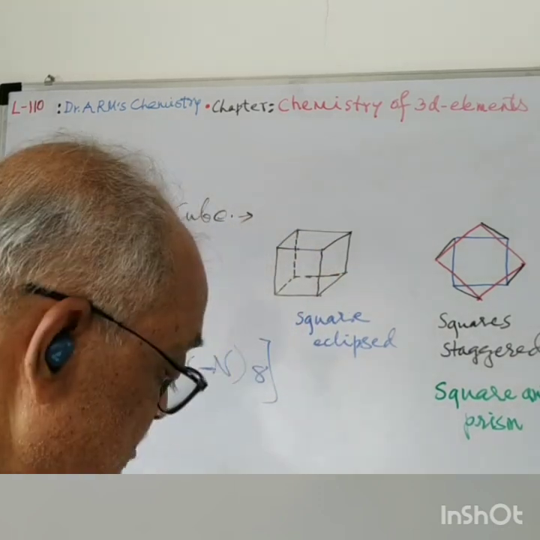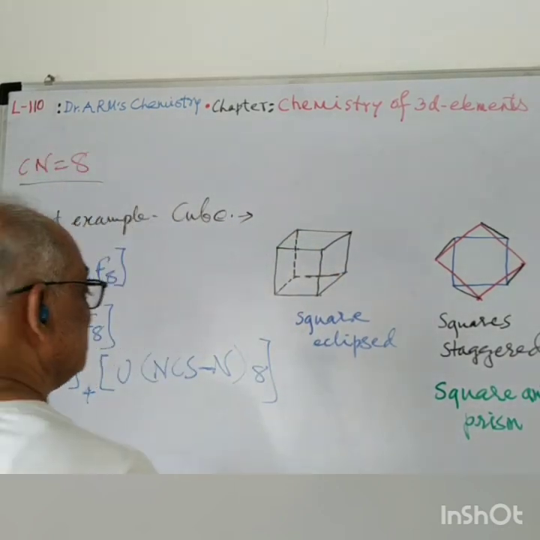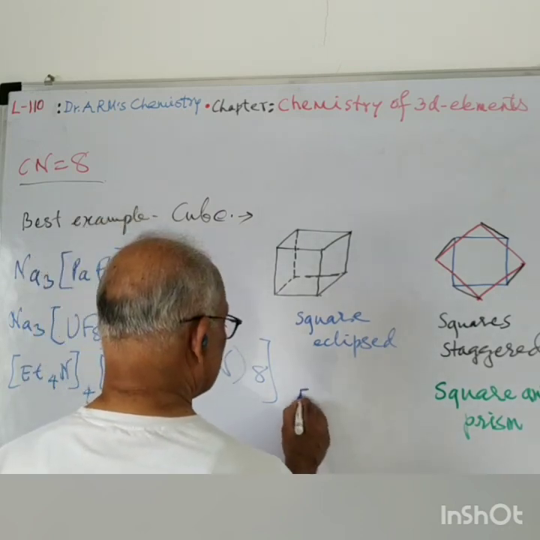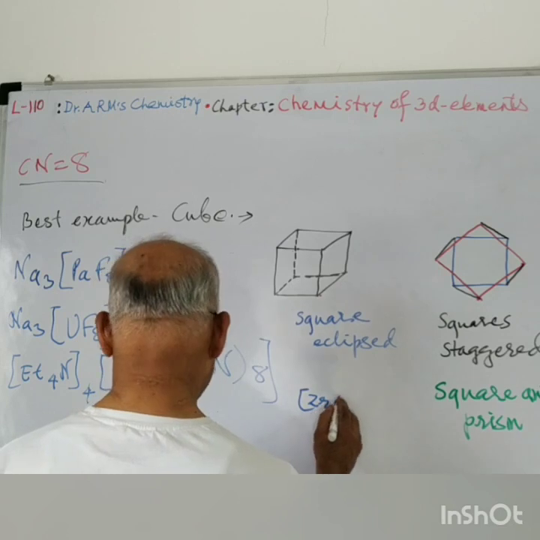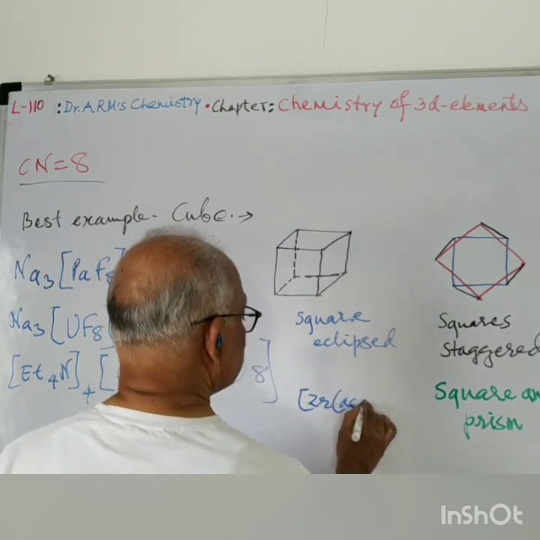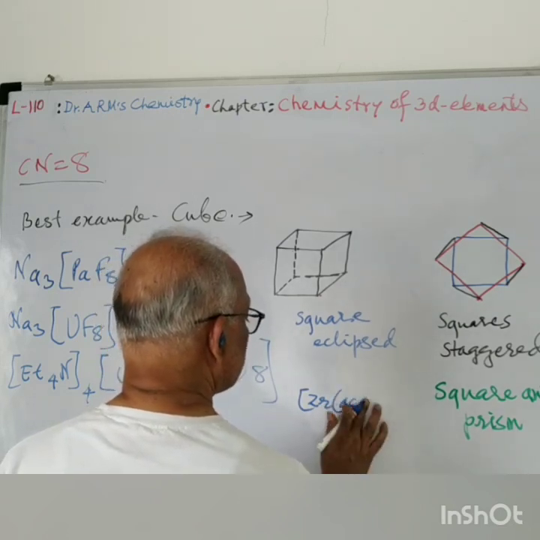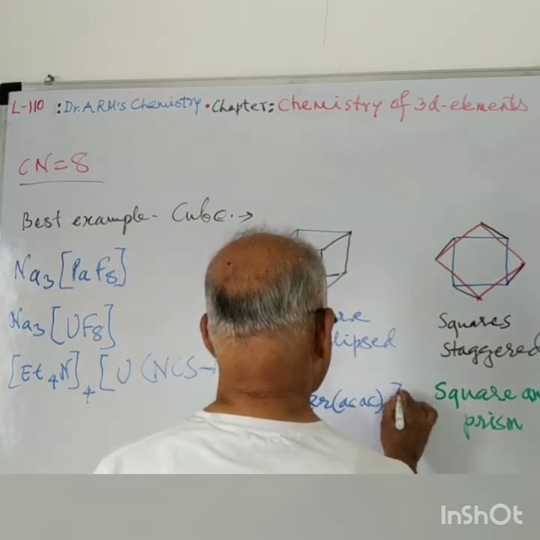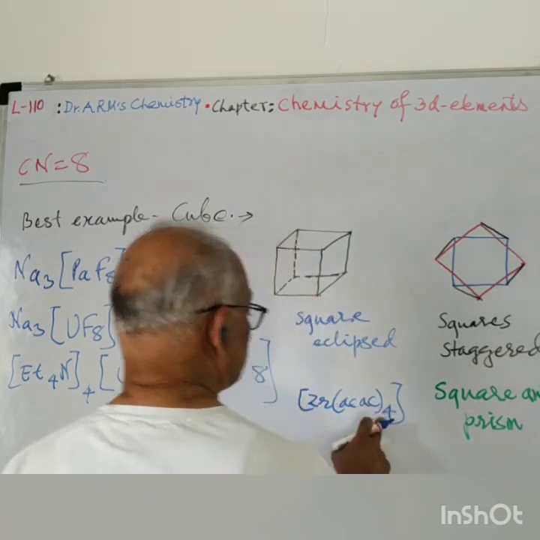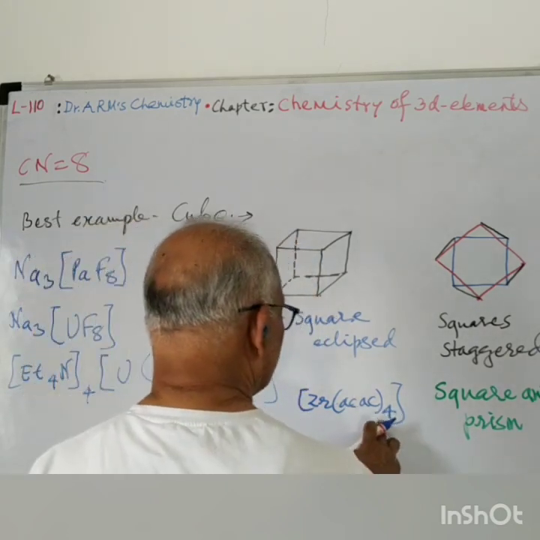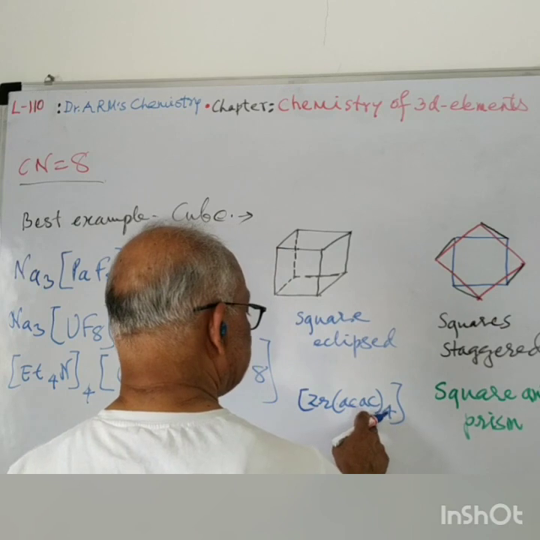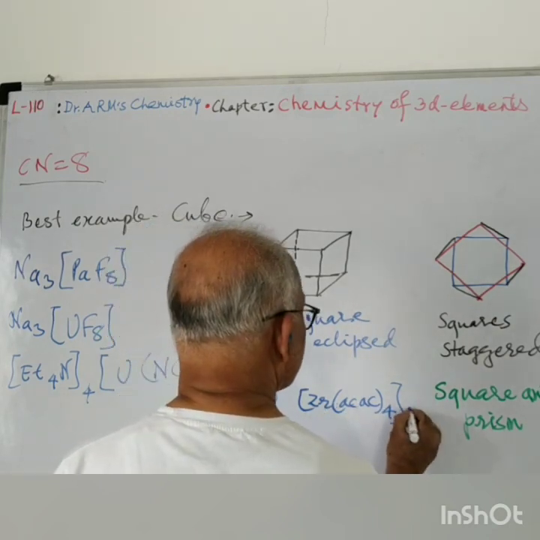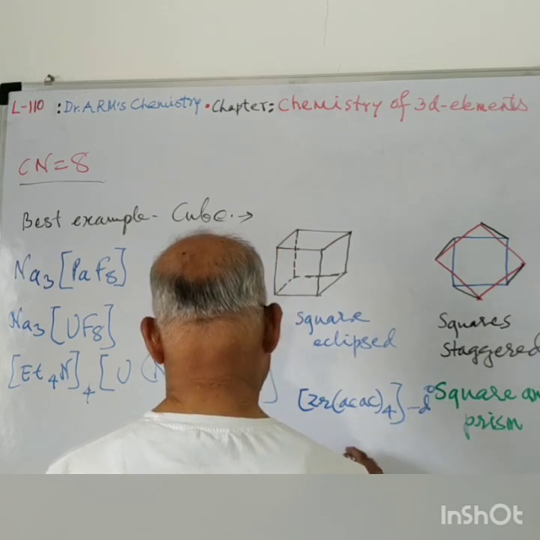We can have some examples of these structures like this. Zr(acac)4, tetrakis acetylacetonato zirconium. This is with d0 configuration.